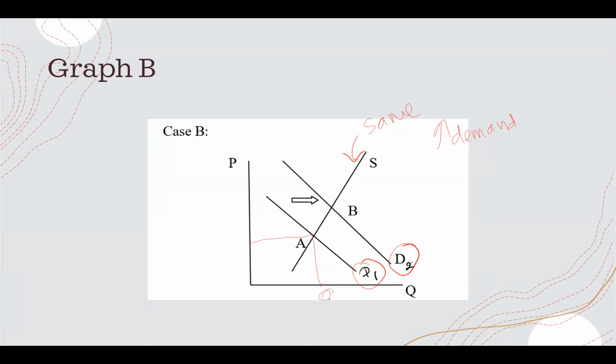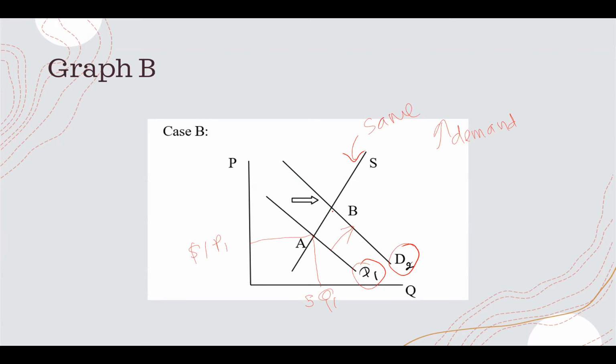At demand level 1, quantity 1, just assume it's quantity 5, and price 1, assume it's $1. Now a demand increase can happen due to an income increase or a consumer preference increase for some product. So it can be a reason for demand to increase.